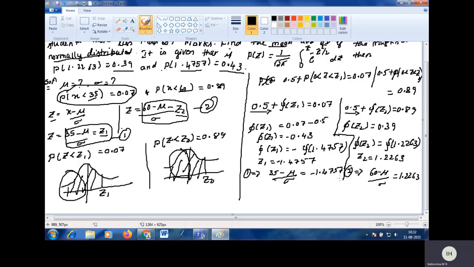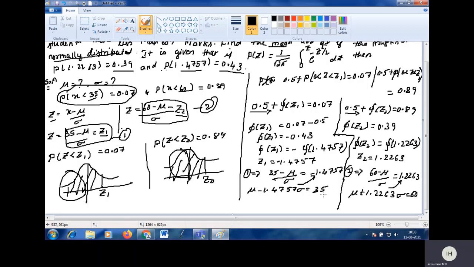Now simplify this. Cross multiply and take minus mu to the RHS. Then it becomes mu minus 1.4757 into sigma is equal to 35. Similarly, mu plus 1.2263 into sigma is equal to 60.